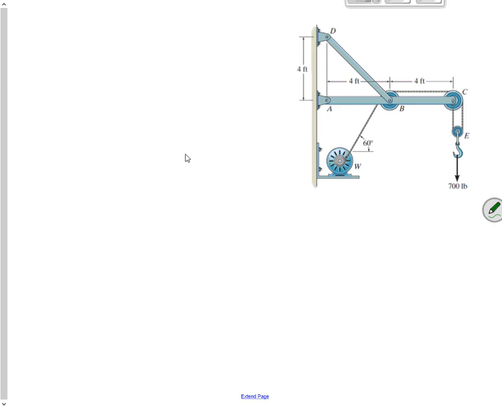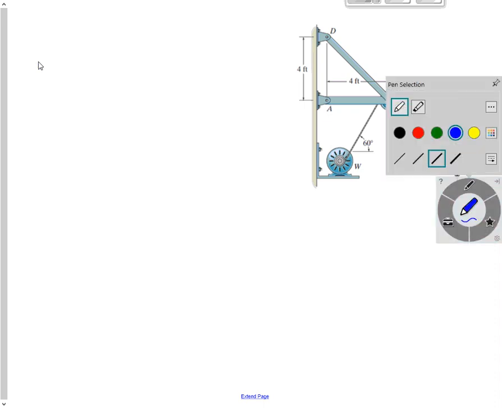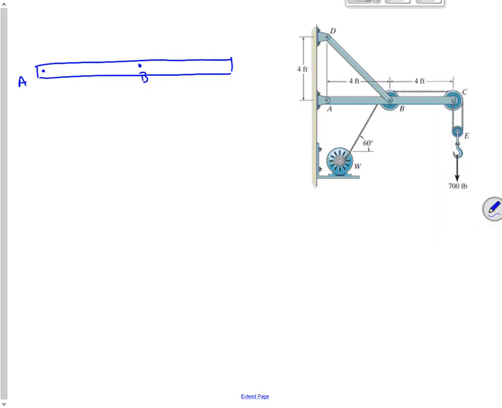Let's draw a free body diagram of member ABC. This is this whole beam that goes from A, goes through B, and goes to C. And what are the forces acting on this thing?